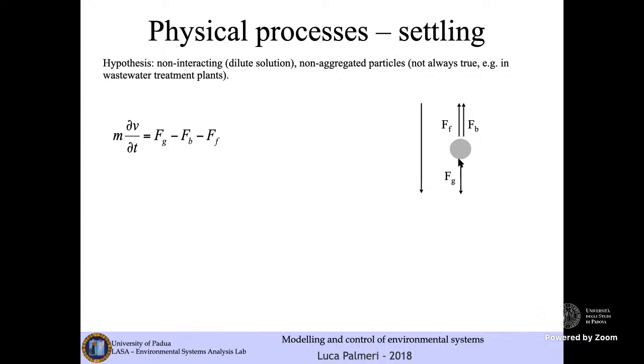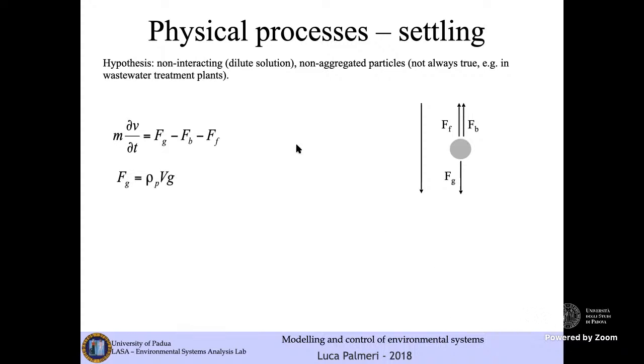So we schematize a particle in a water system like this one, and on this particle we may imagine that there are three forces acting. The first one is, of course, the gravitational force that tends to push the particle downward. The second is the frictional force, opposite to this movement, and the third one is the buoyancy force, or the Archimedes principle force of buoyancy for these particles.